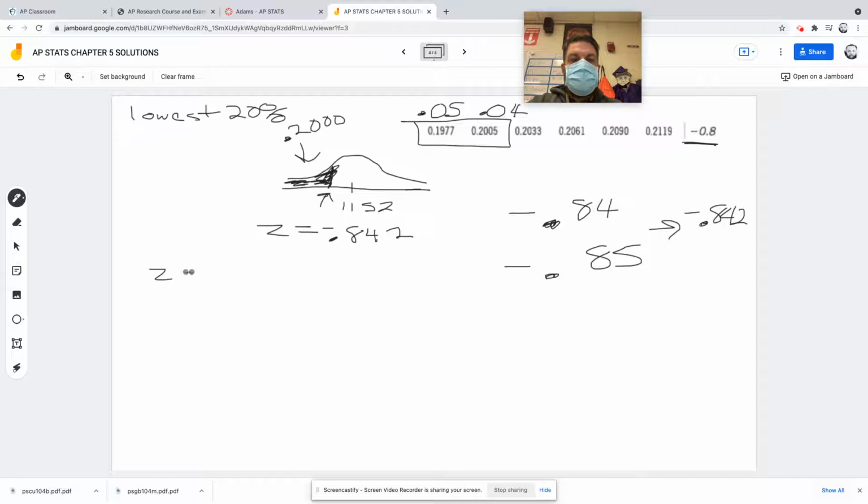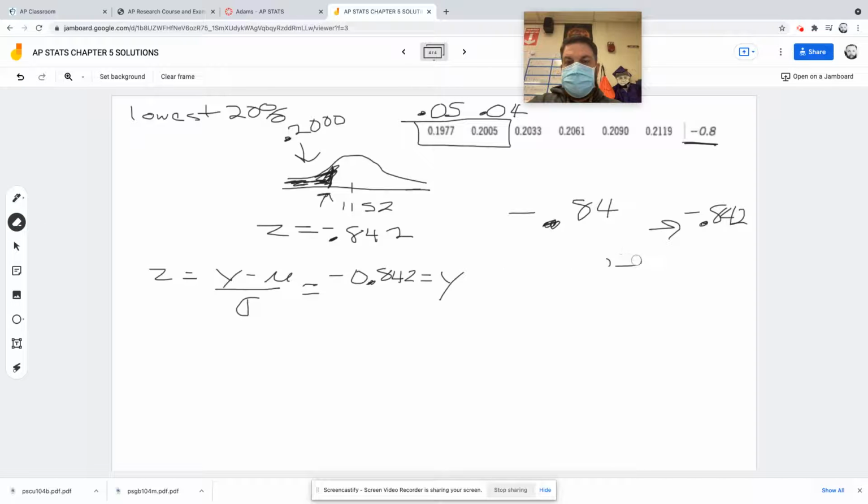We want the z-score is equal to y minus mu all over sigma. Well, that's going to be negative 0.842 is equal to y minus 1152 all over 84.